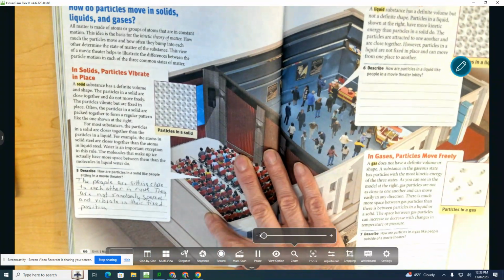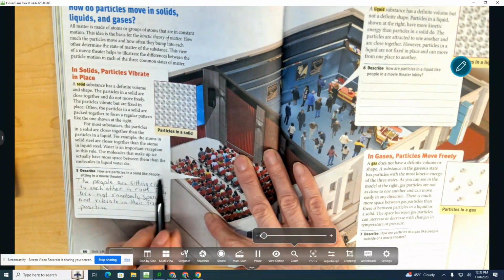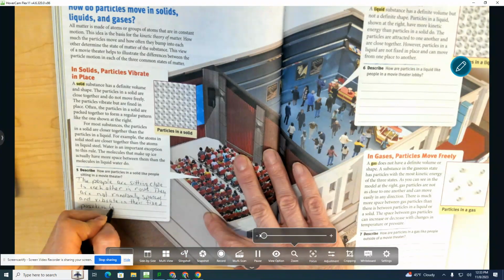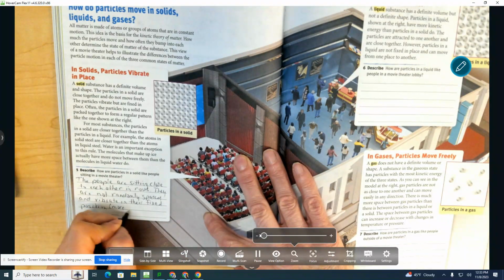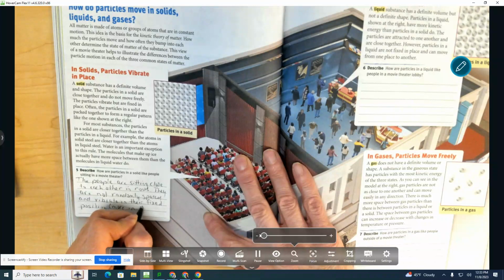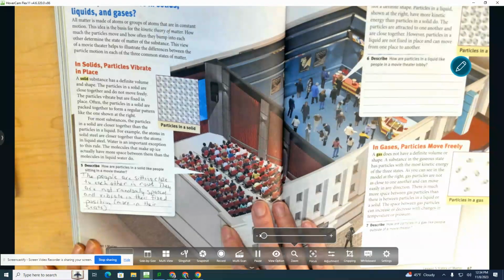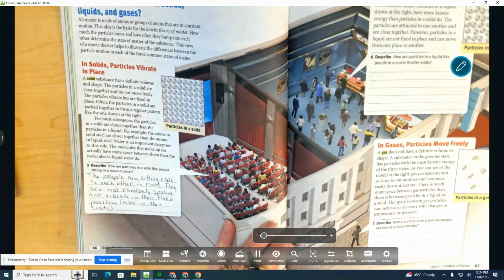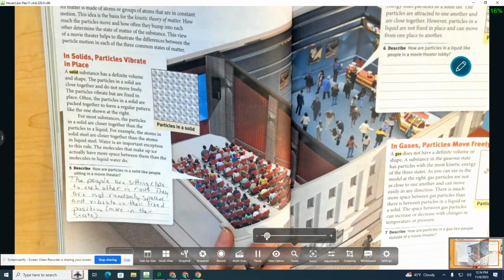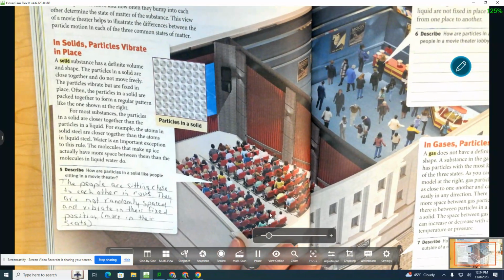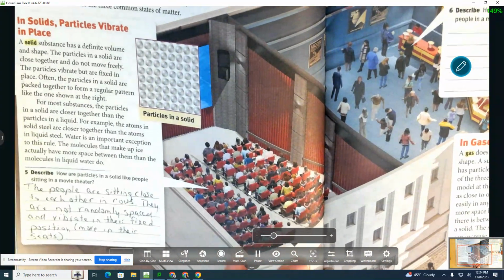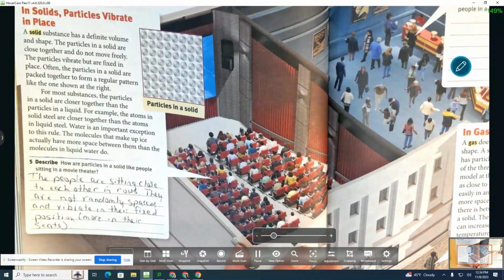And what I mean by that is they basically just move in their seat and not around. Move in their seats. Okay? Just like solid particles are just vibrating in a fixed position, but they don't move around freely.